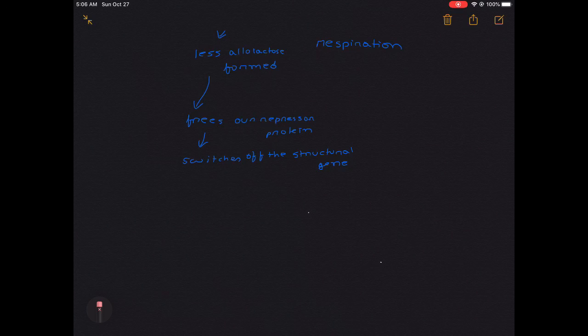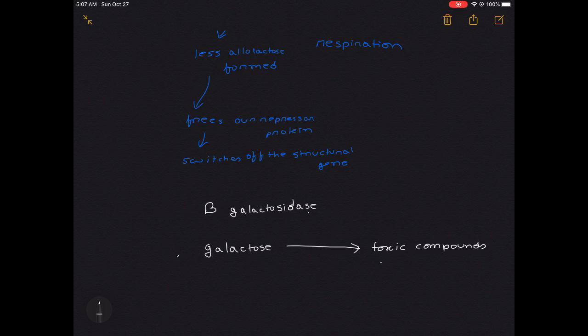Now there is only one more thing left to be discussed, that is our beta galactosidase also converts or cleaves our galactose molecules to form toxic compounds. This is where our Lac A comes into action.